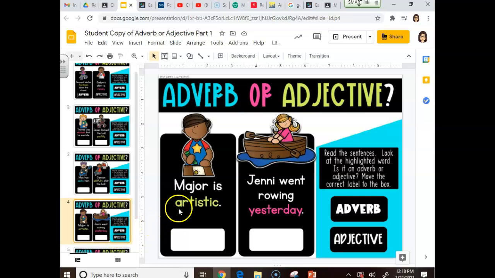All right, your next page. Major is artistic. All right, what does artistic describe? Major. That's right. Jenny went rowing yesterday. Think about yesterday. That's one of those time words. It tells us when something happened. Okay, that's a good clue.